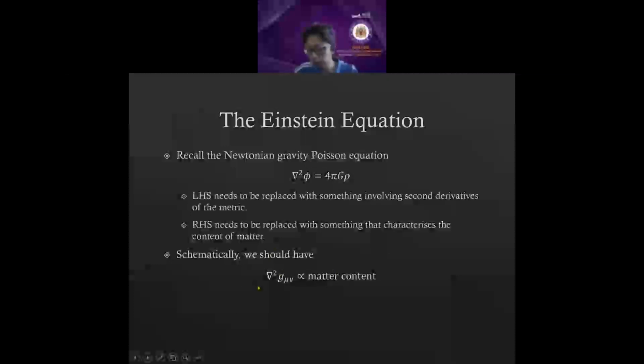Our new equation describing how gravity is produced must have, on the left hand side, the second derivative of the metric, and on the right hand side, something that describes the matter content.